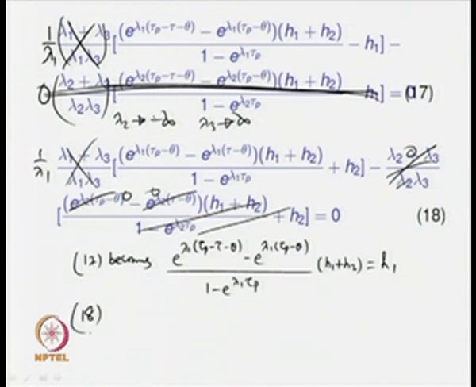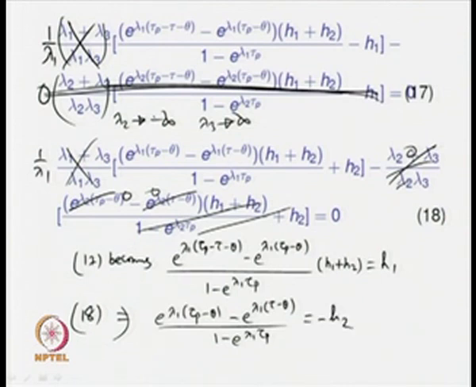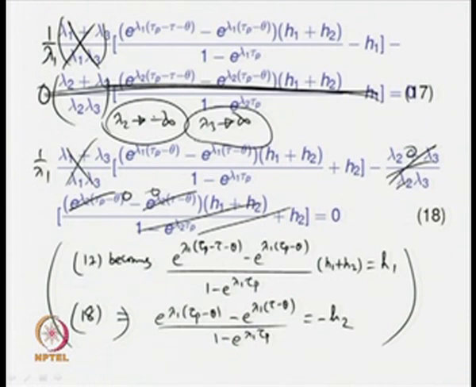Thus, 18 can be written as e to the power lambda 1 tau p minus theta, minus e to the power lambda 1 tau minus theta, divided by 1 minus e to the power lambda 1 tau p, is equal to minus h 2. Please keep in mind these two expressions are possible, or 17 and 18 can be converted into these two expressions, provided lambda 2 tends to minus infinity and lambda 3 tends to infinity.